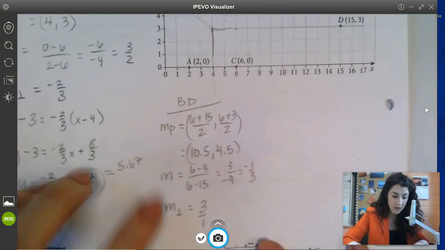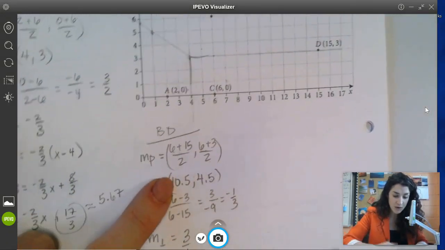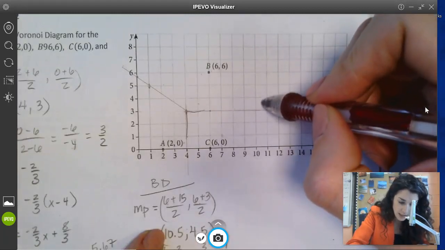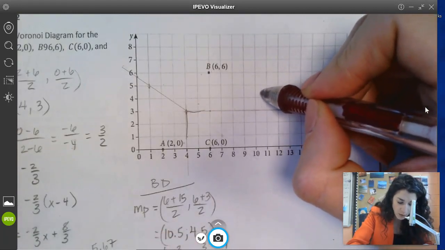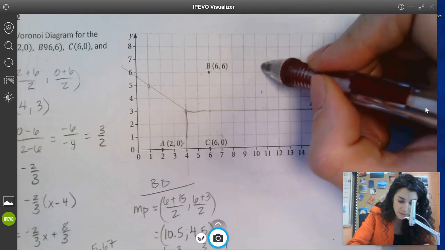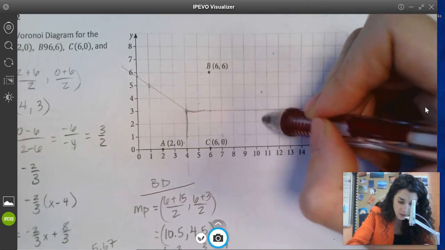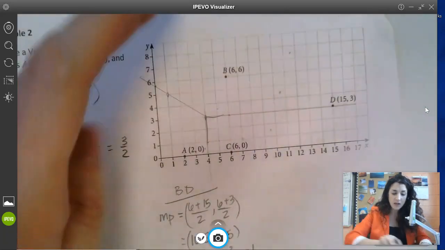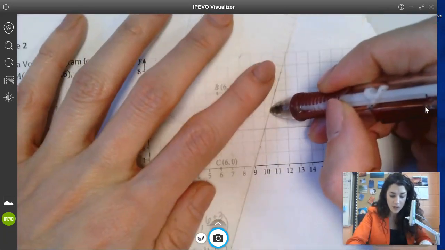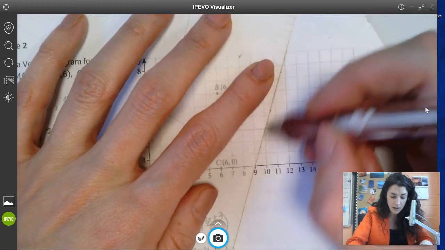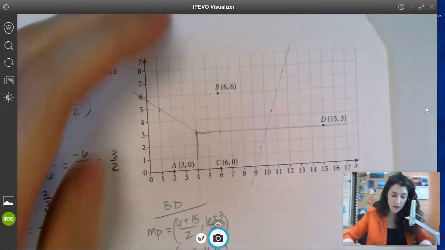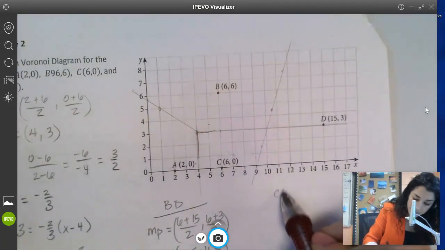So midpoint between B and D is 10.5, 4.5. Not quite as easy as before, but we're going to go up 3 over 1. Or we could go down 3 and back 1. And again, I'll draw in my lines lightly. And then I need to do between C and D.